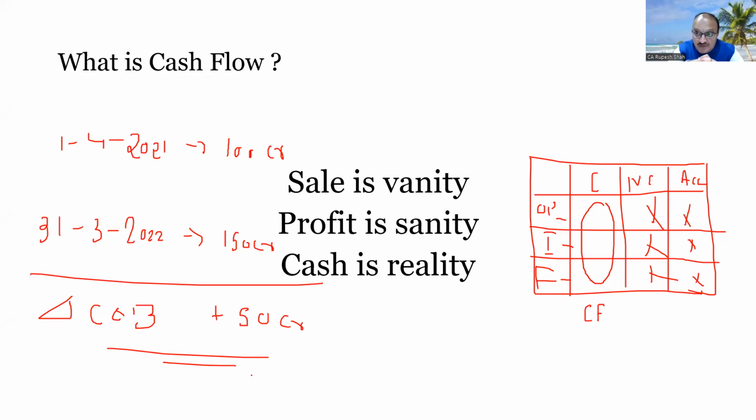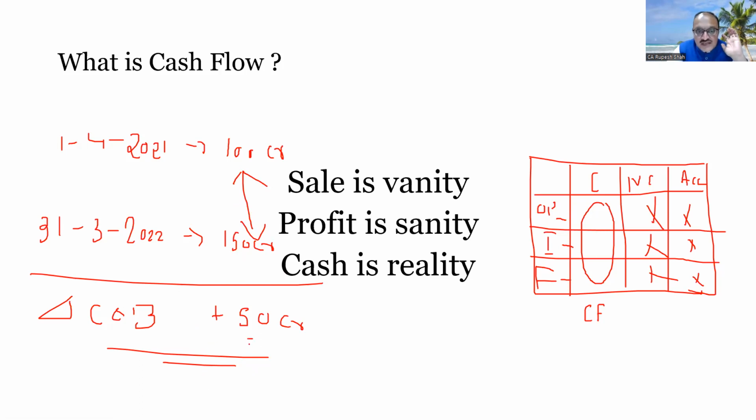The story might be different, because the meaning of the cash flow is: what is the reason that the balance has gone up from 100 crore to 150 crore? Why has it gone up? What is the reason behind this increase of 50 crore? That reconciliation, that explanation, that story is actually the cash flow.